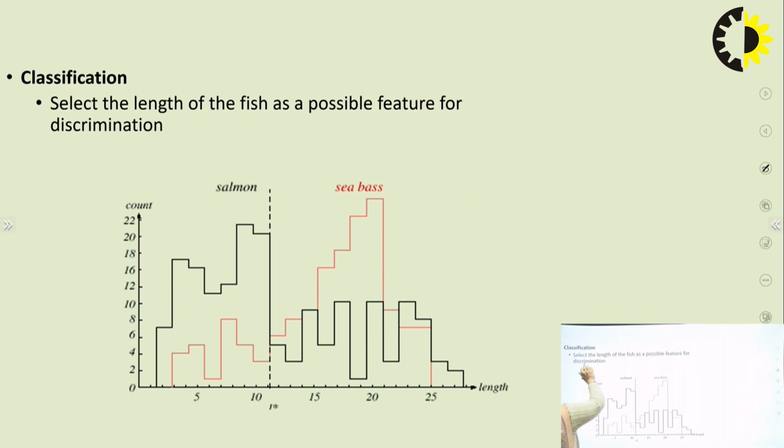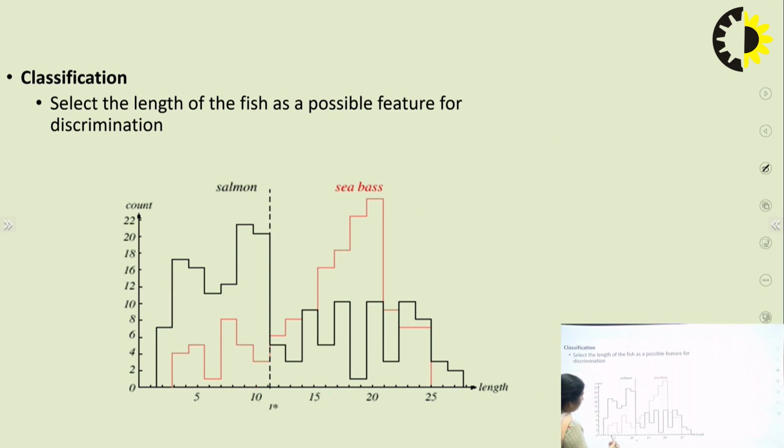If I select length as a possible feature and I try to draw the length of salmon and sea bass, here I can see that a few salmon are classified as sea bass if I am measuring only the length.